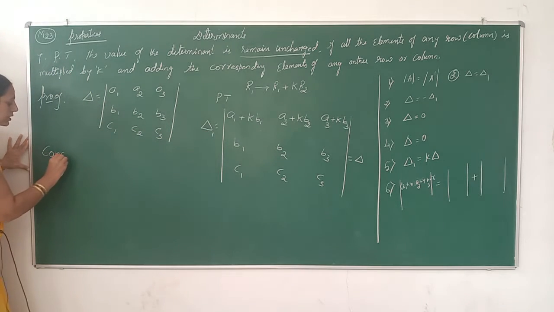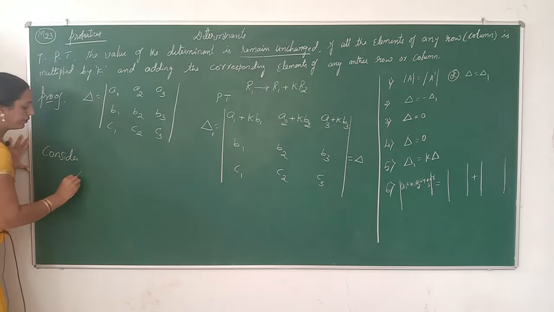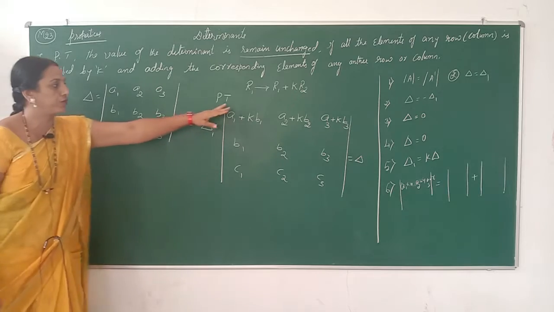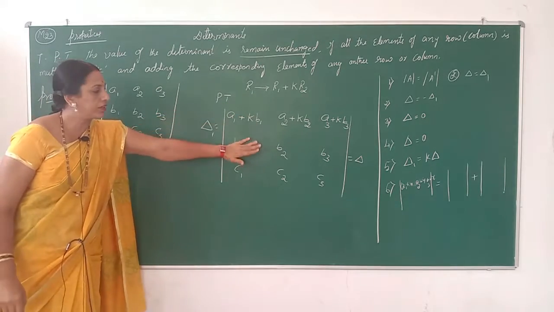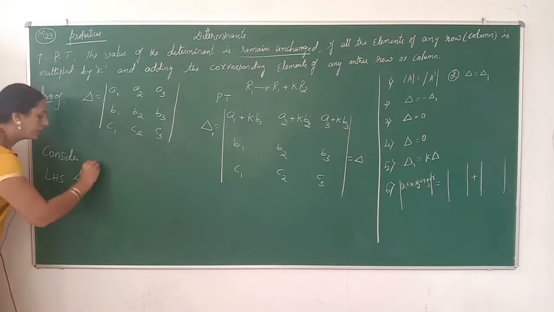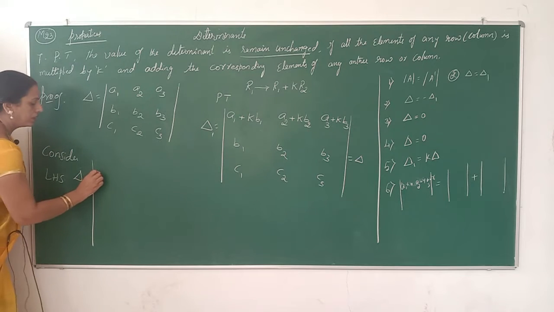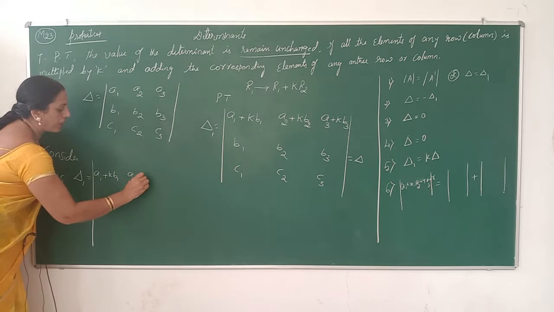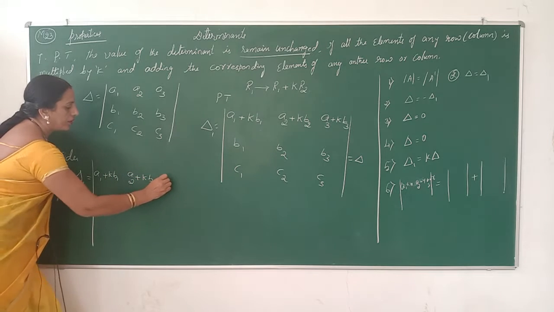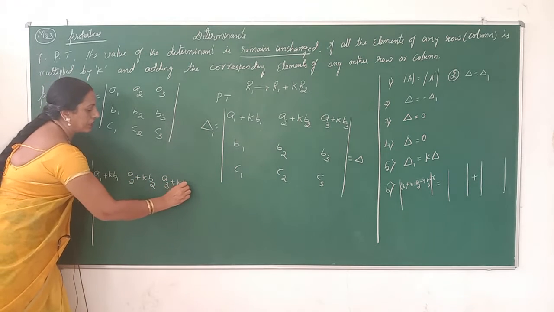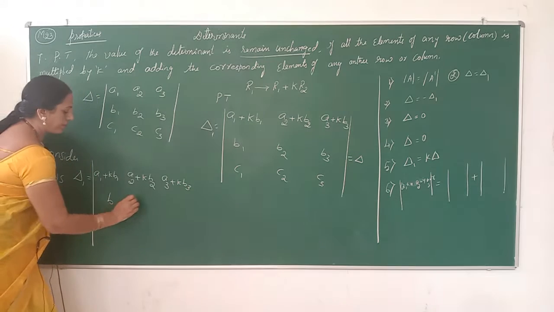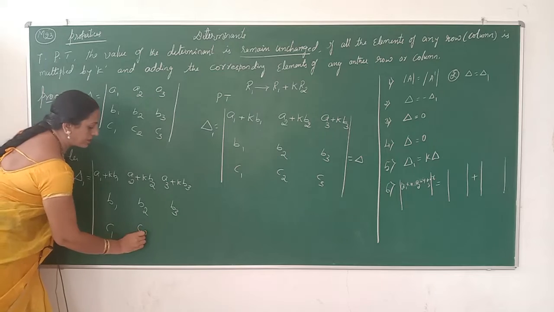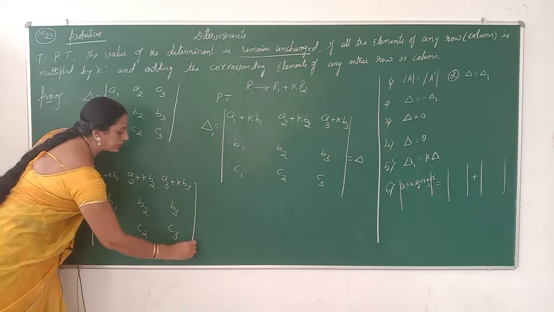Now first we will consider the elements of delta 1, which is the LHS of the given proof. Delta 1 is nothing but A1 plus k B1, A2 plus k B2, A3 plus k B3. The second row is B1, B2, B3 and the third row is C1, C2, C3.